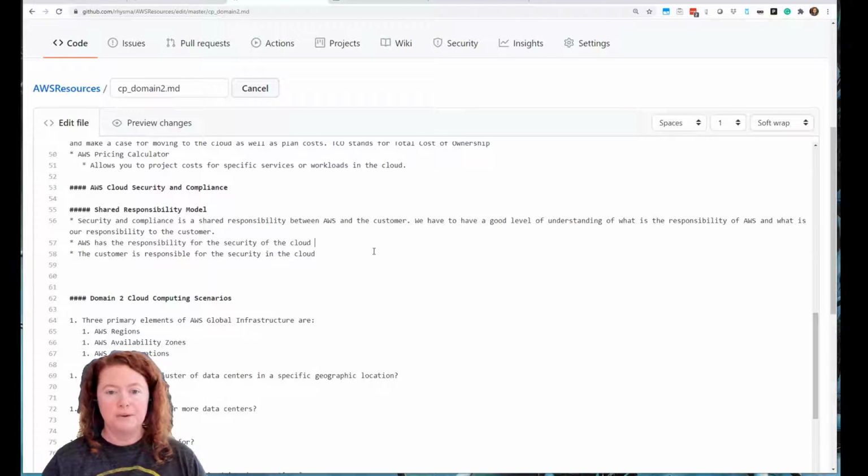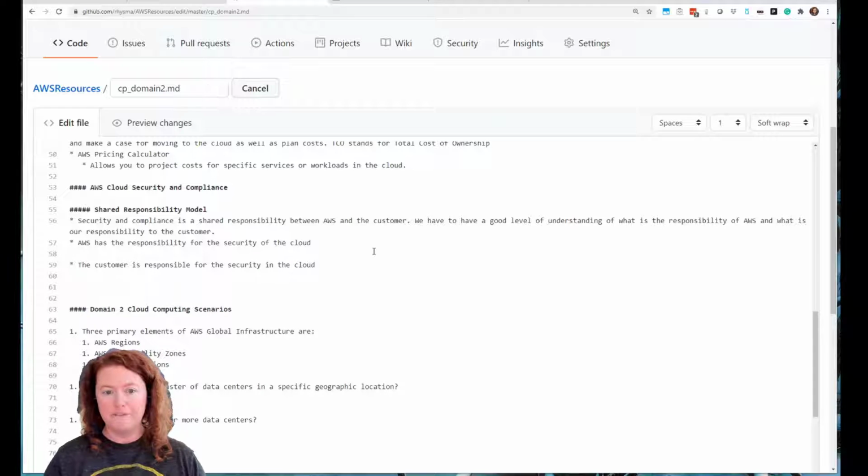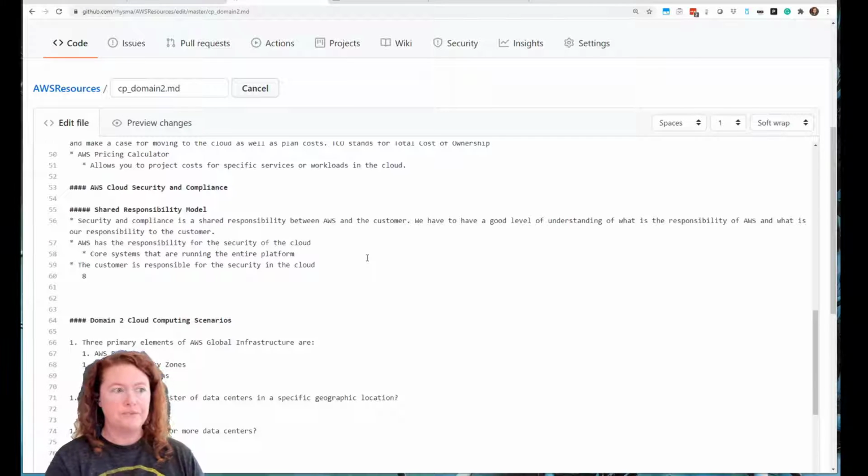So when we say AWS has the responsibility for the security of the cloud, that means the core systems that are running the entire platform, whereas the customer has control over the things they are putting onto the platform and how they're using it.